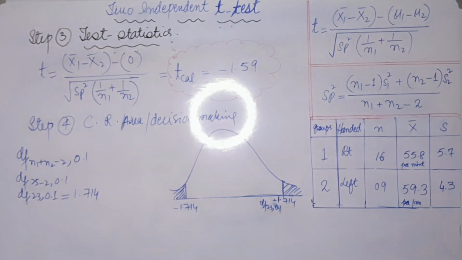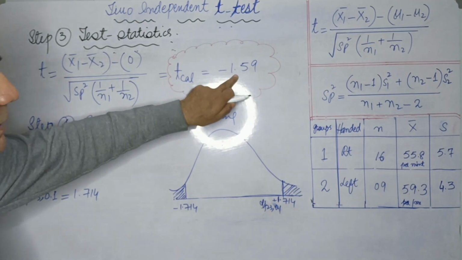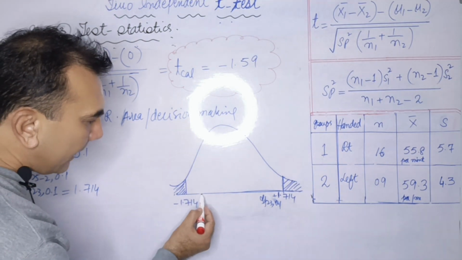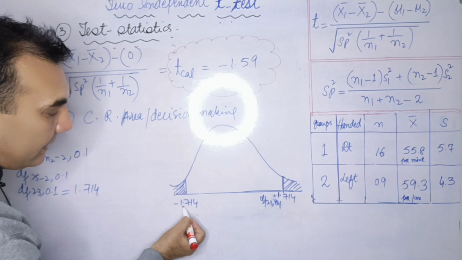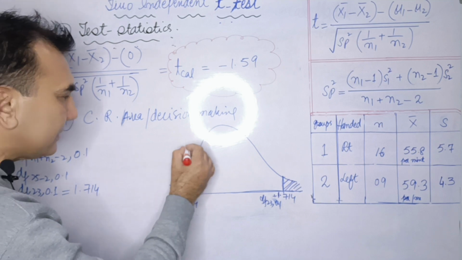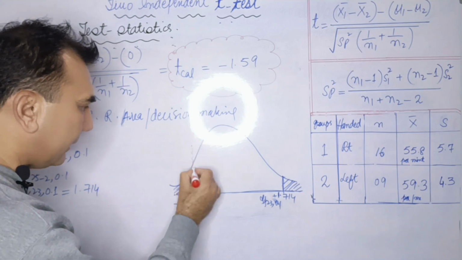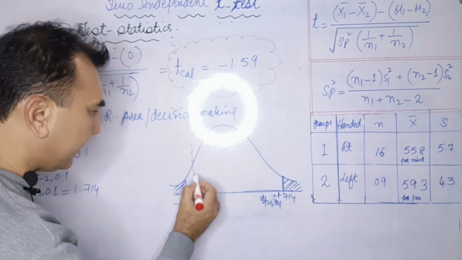Okay, now see here our t calculated value, which has come up minus 1.59, is greater than minus 1.714, so it falls before the critical region area.